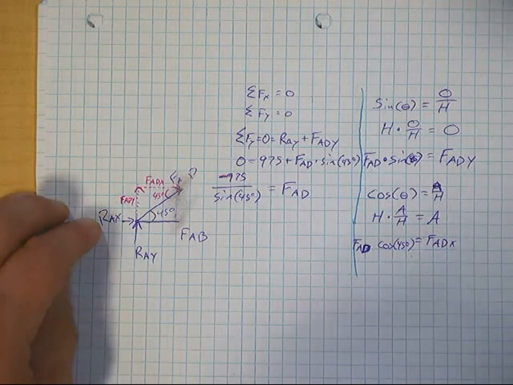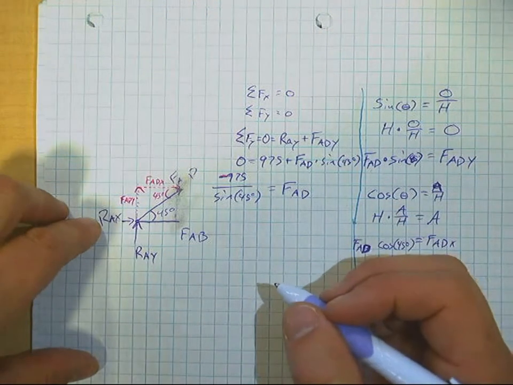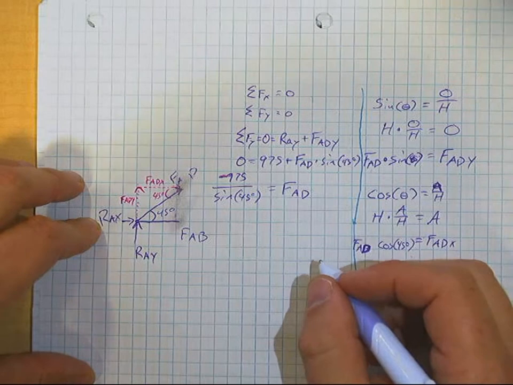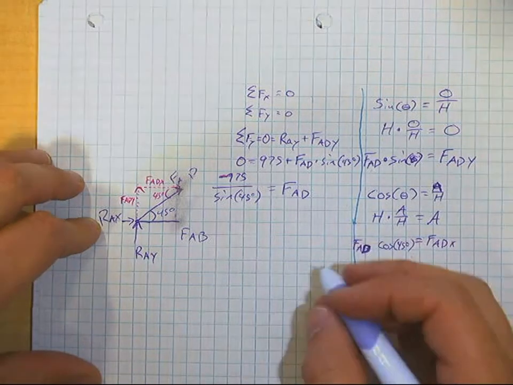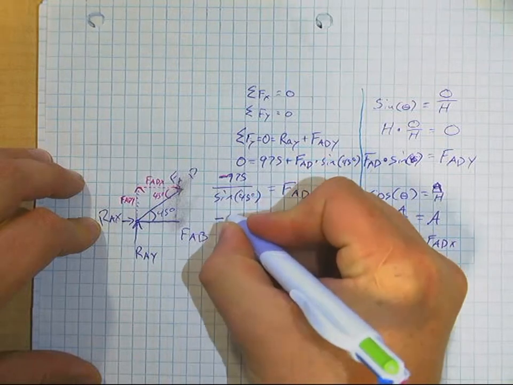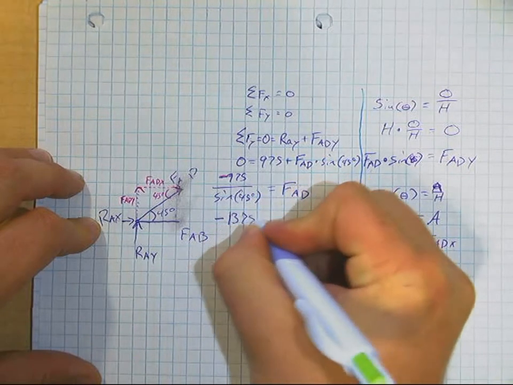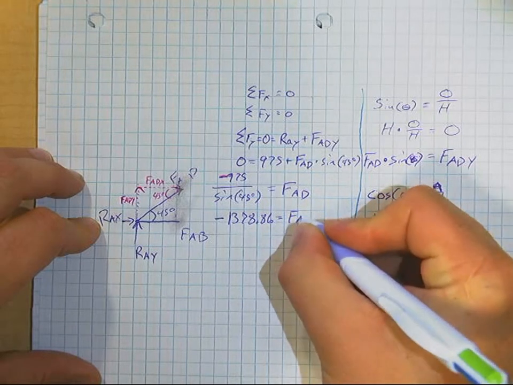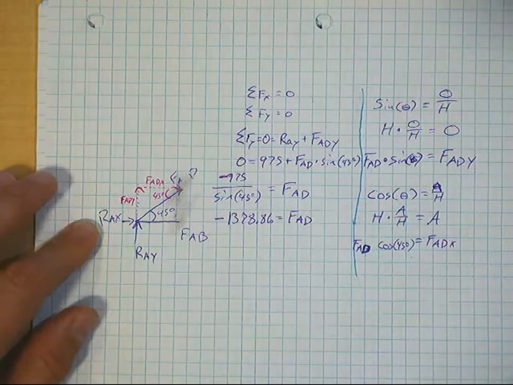That gives us negative 1,378.86 equals FAD.